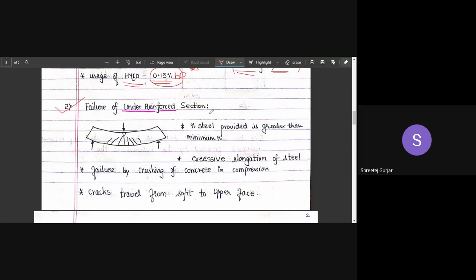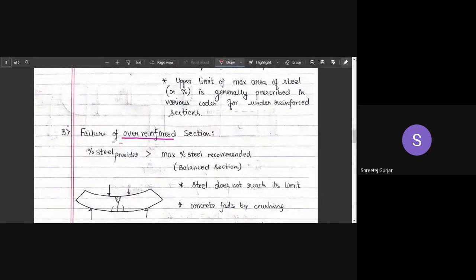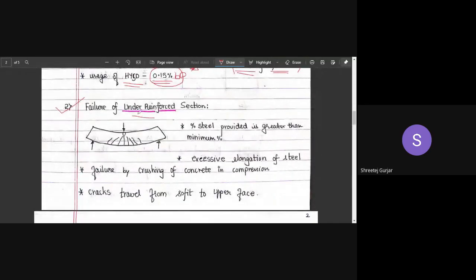So when the steel provided is more than the balanced section steel, it will become over reinforced. And when the steel provided is lesser than the balanced section, it will become an under reinforced section. But it is in the range of minimum to under balanced section, right? You have a minimum range.